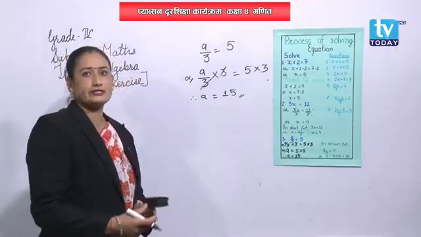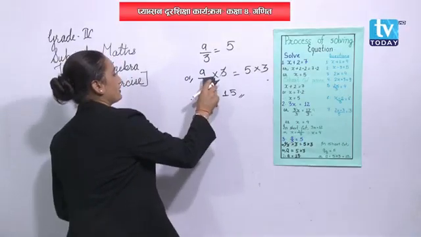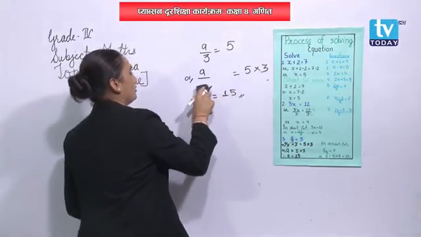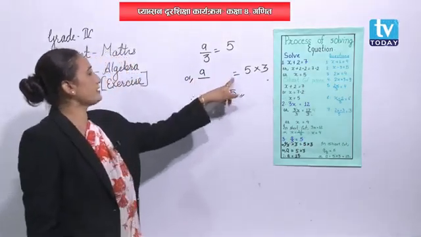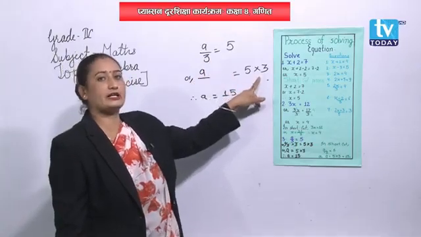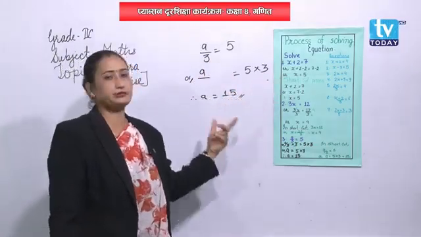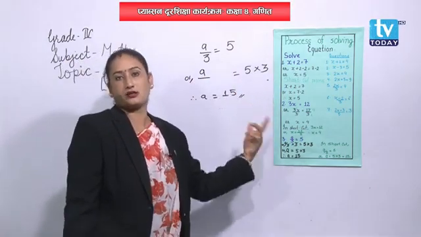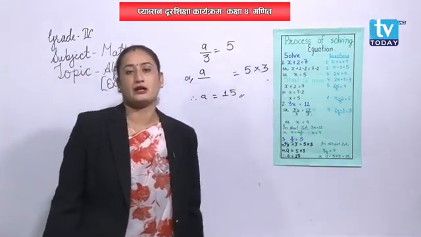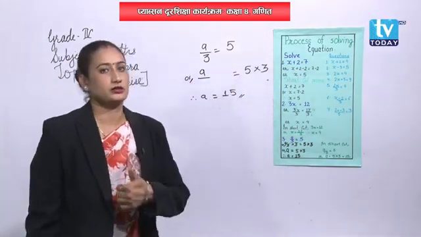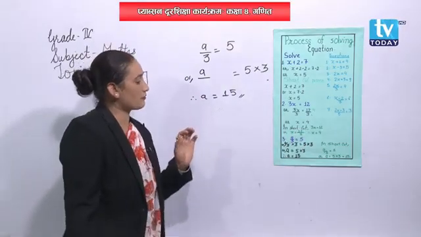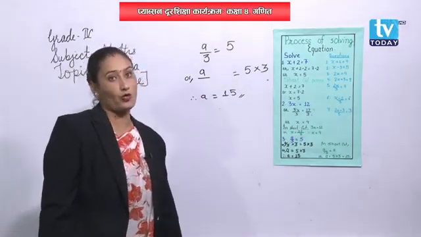If you want to do it in the shortcut, then what you have to do is just remove this. See, a equals, this 3 will go over here, and then 5 into 3 is 15. Shortcut and long process, both give the same answer. Done? Good. So this type of question, let's solve the next one.